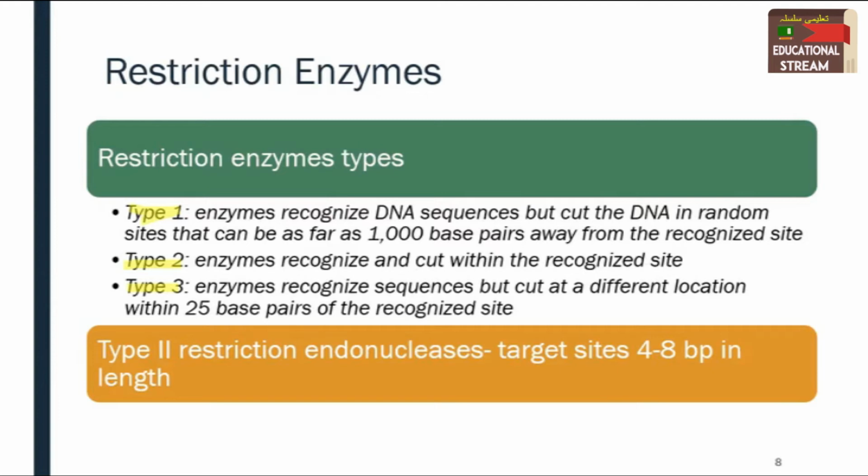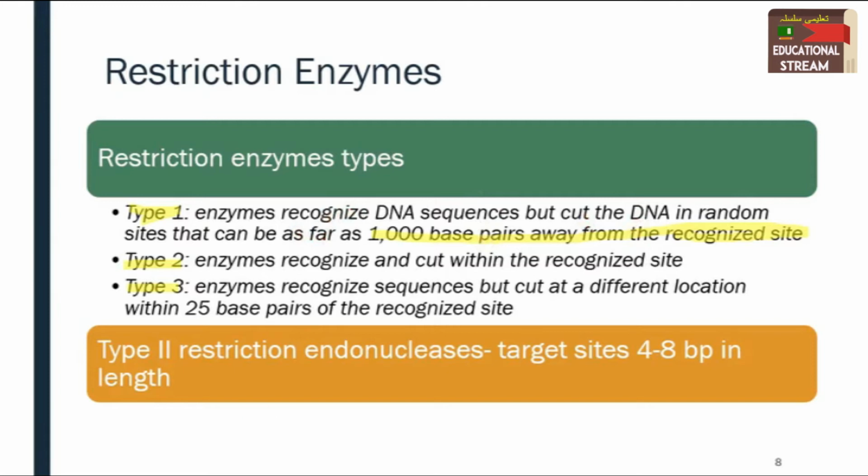Type 1 restriction enzymes are complex endonucleases, and they recognize a DNA sequence, but they make a cut in the DNA at a random site that can be as far as 1000 base pairs away from the recognition site. It means they recognize one site but cut at another site. They require several cofactors, for instance ATP and magnesium ions, and these enzymes help in the methylation of DNA sequences.